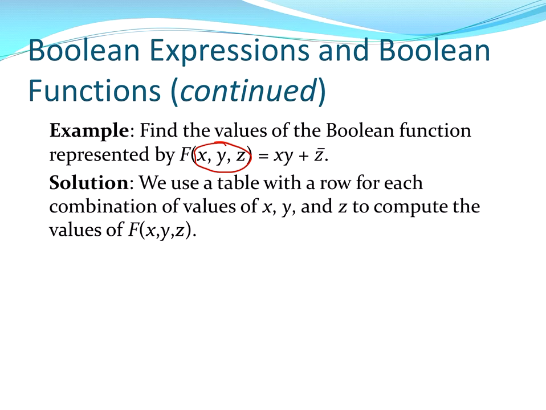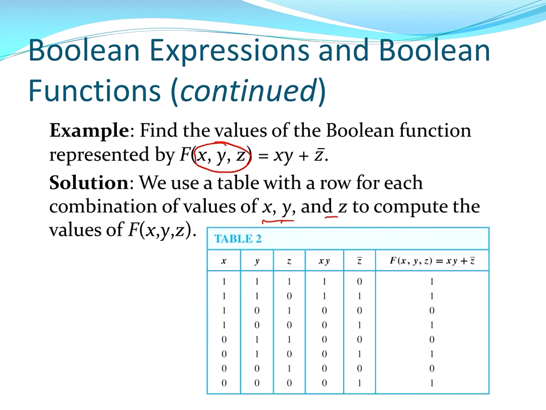We'll use a column for each of the variables and a row for each possible combination. So you can see that we are going to have 3 columns, and since each one can have 2 possible values, it'll be 2 to the 3rd, 8 rows, just like we would have in a truth table.